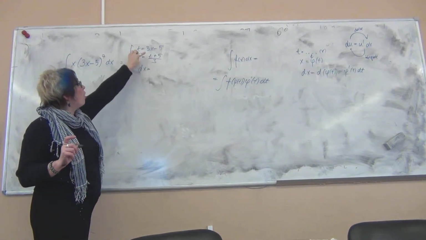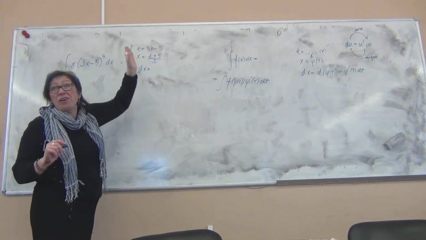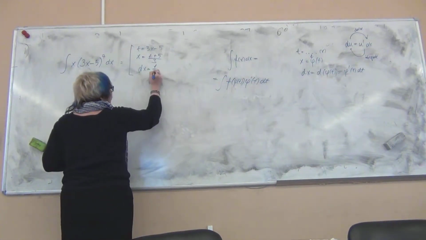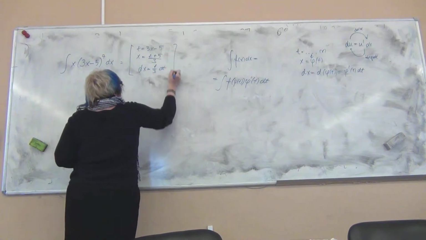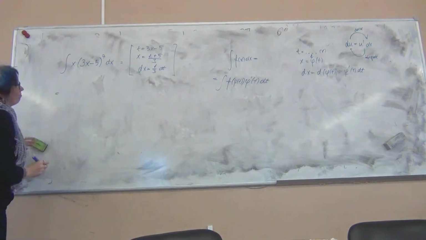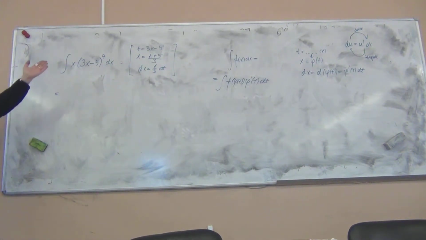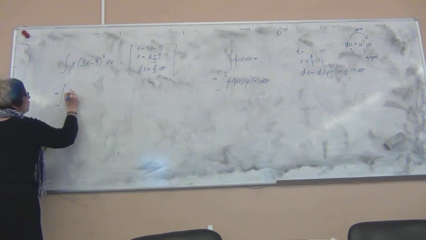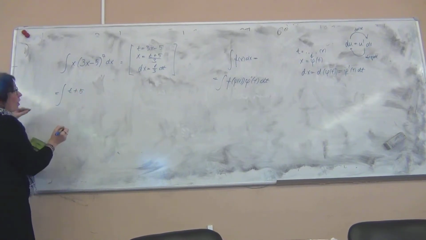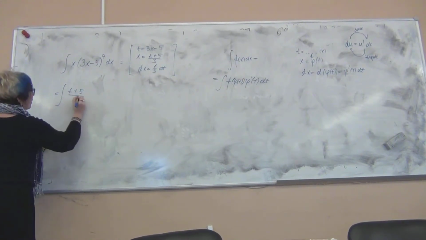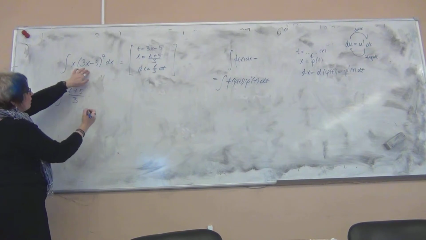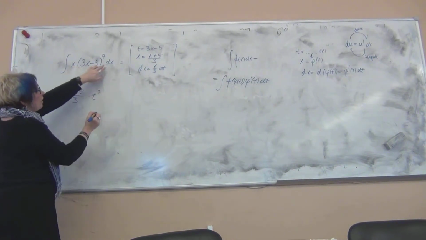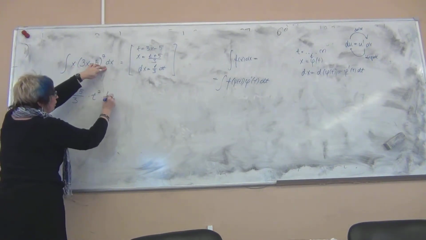The derivative of t over 3 is 1/3 dt, of course. And now I can simply substitute things in here. So instead of x, I have (t plus 5) over 3 times, this is t to the 7th, this is 1/3 dt.